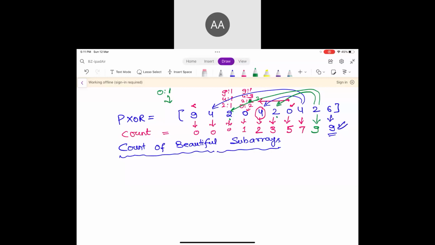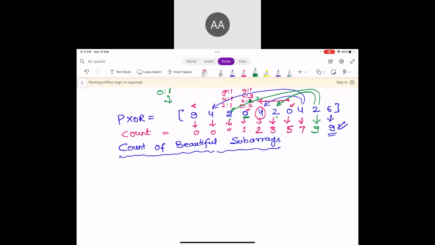Or else we can do that: like all other numbers, we can also consider 0 the same, but at the ending, we can add the count of zeros in the PXOR array. Yeah, that's another thing that one can do.